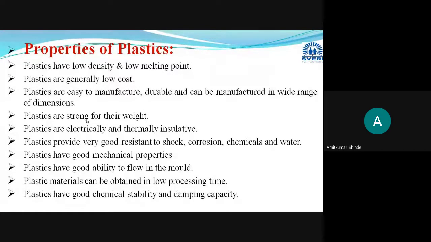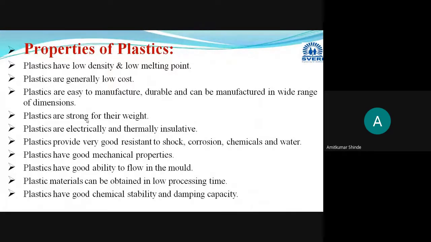The next important property is that plastic works as an electrically and thermally insulative material. That's why we are using plastic materials for manufacturing our electrical boards and the different wires or cables which we are using.